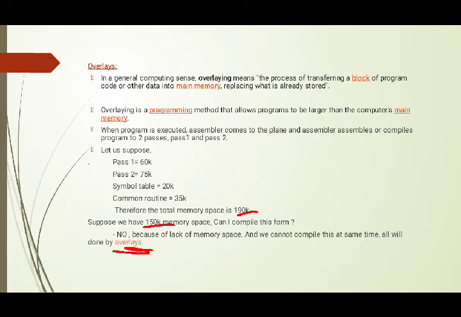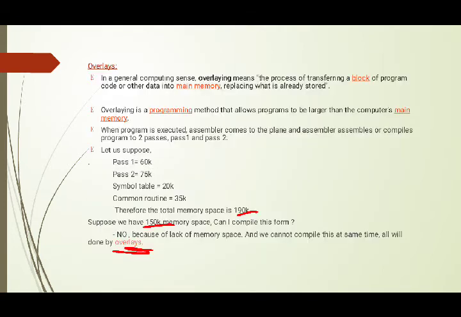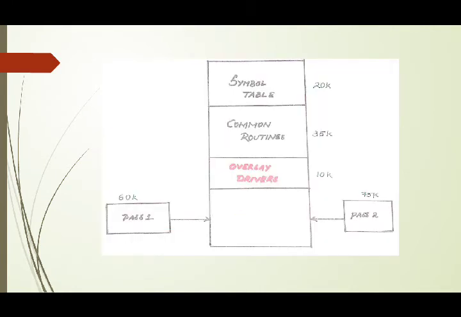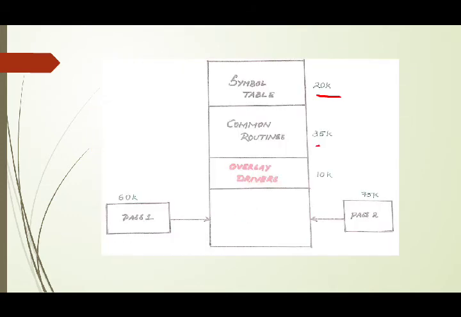Let's look at a diagram where we are using an overlay driver. Here we have a symbol table of 20k and a common routine of 35k, then pass 1 of 60k and pass 2 of 75k, and we are using an overlay driver which takes 10k of memory.